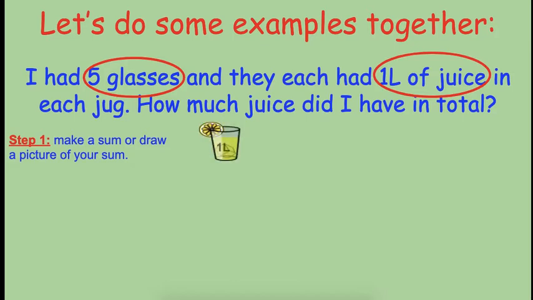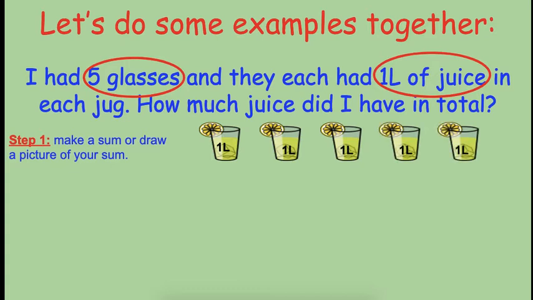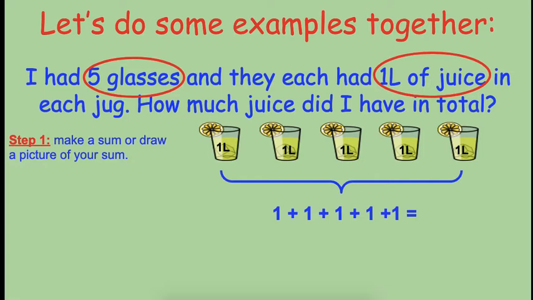So you can draw a picture. So there's 1 glass with 1 liter, 2 glasses with a liter, 3 glasses with a liter, 4 glasses with a liter, and 5 glasses with a liter. And that brings, you can either say 1 plus 1 plus 1 plus 1 plus 1, or you can say 5 times 1.